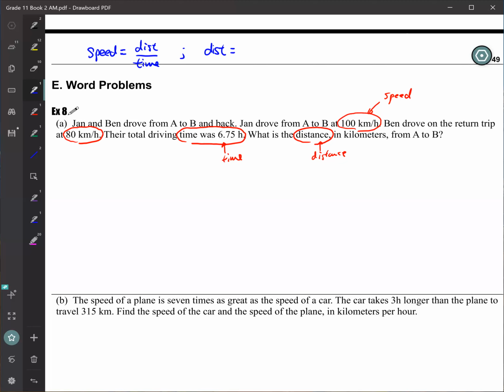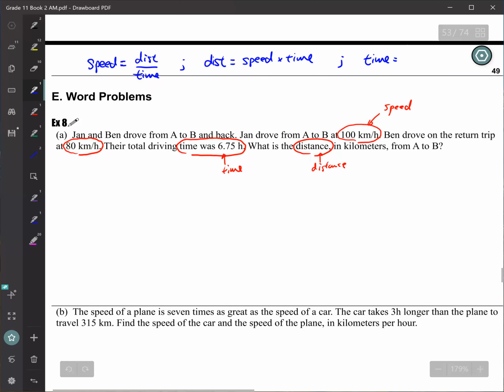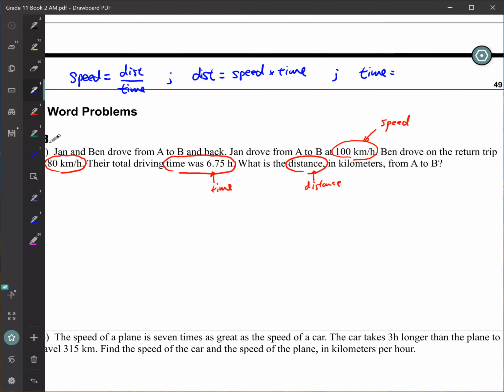If you want to isolate distance, what would you do? Speed times time. Yeah, so you cross multiply to the left side. So speed times time will give you distance. And how about if I want to find the time? What will be the formula for that? Distance divided by speed. Okay, very good. Distance divided by speed.